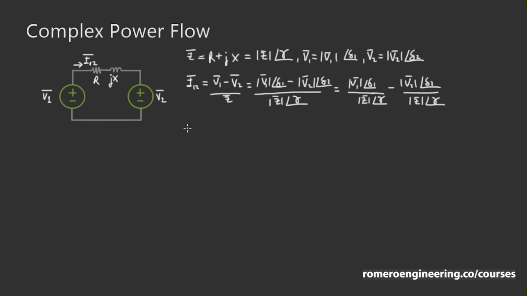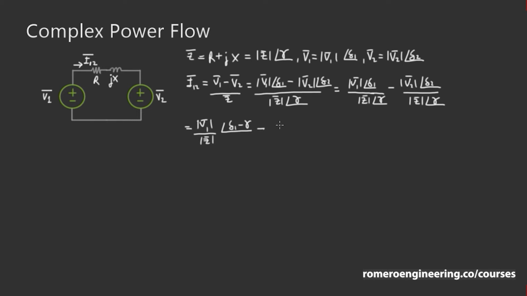And so I can take one more step here. I know that the magnitudes are going to be V1 over Z, and then I can combine these two angles. Remember that for phasors, when you're dividing one phasor by another, you get the angle of the phasor in the numerator minus the angle of the phasor in the denominator. So then this is going to become V1 over Z magnitudes at an angle of delta 1 minus gamma.